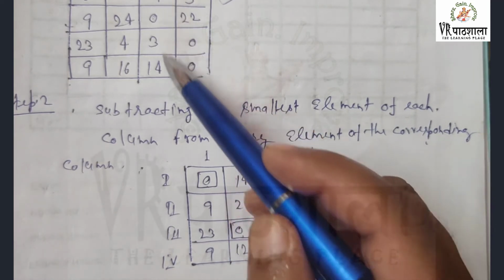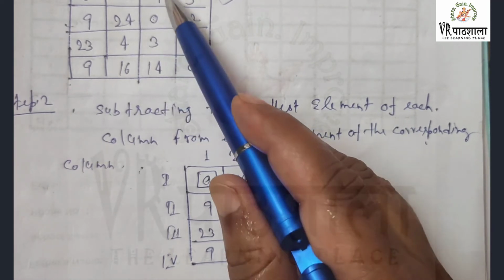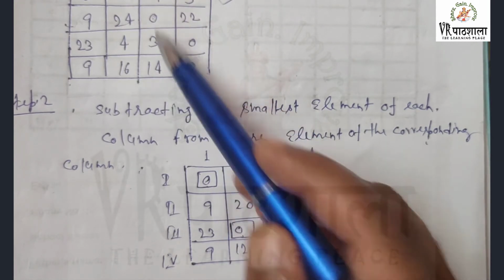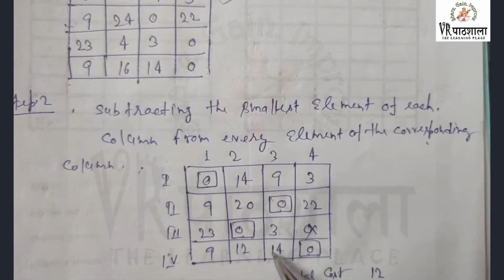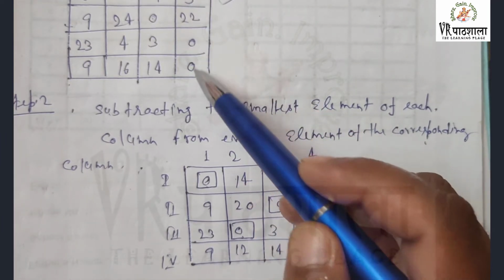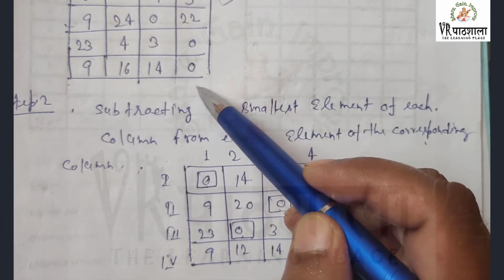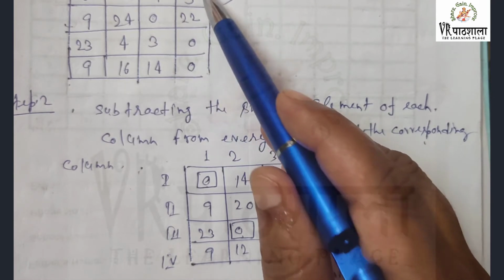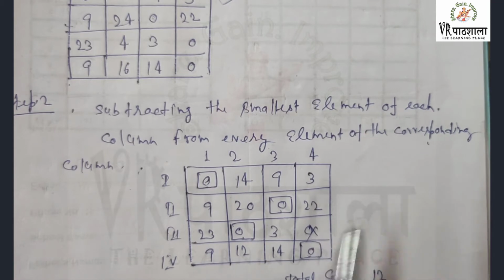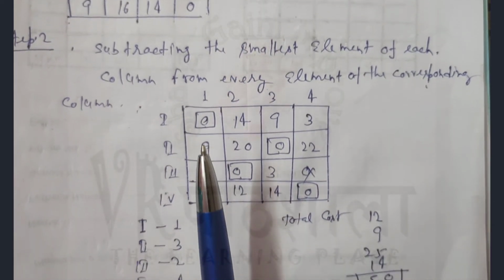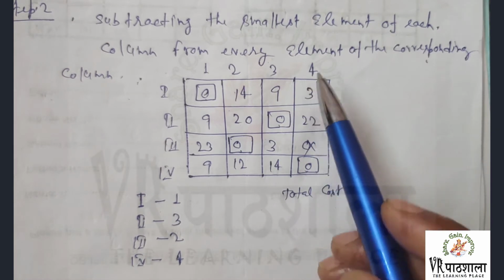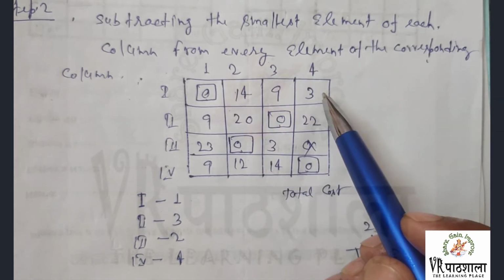Now in the third column of the step 1 table, 0 is the smallest element. So we subtract 0 from the third column. We get the same entries. In the fourth column, 0 is the smallest element. So we subtract 0 from the fourth column. We get the same entries. Now, how do we make the assignments?